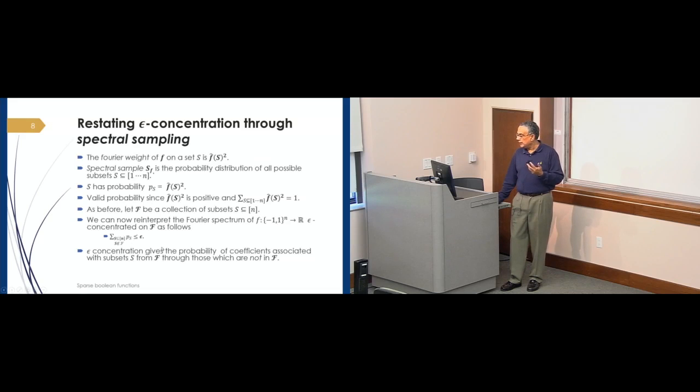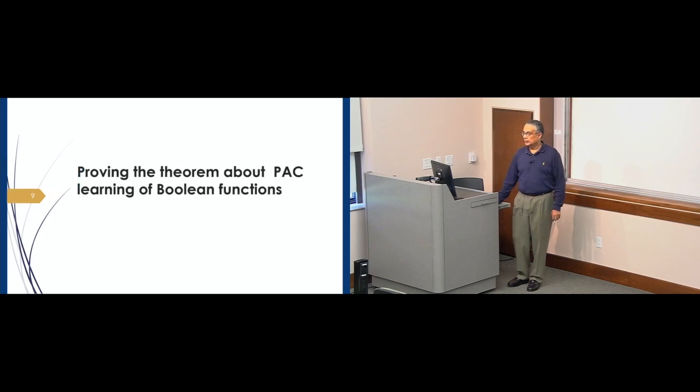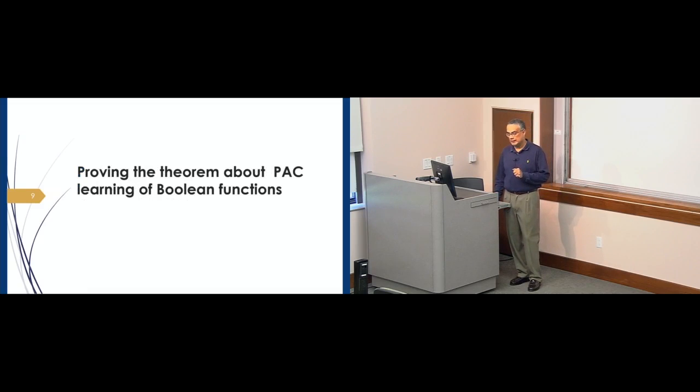It is the probability of the coefficients associated with subsets that are not in script F. So it's a different way of thinking about the dominant set where all the weight is concentrated. So with this, we will now build up towards actually proving the theorem that we had stated earlier on about how we can learn through the PAC model Boolean functions effectively.